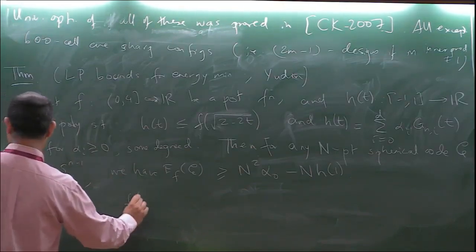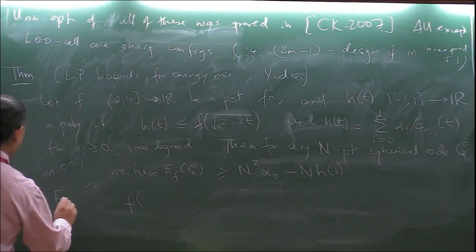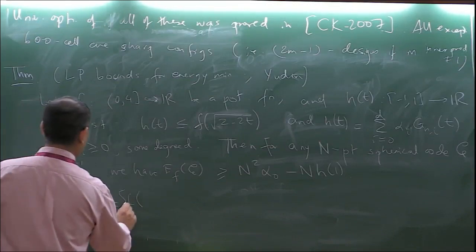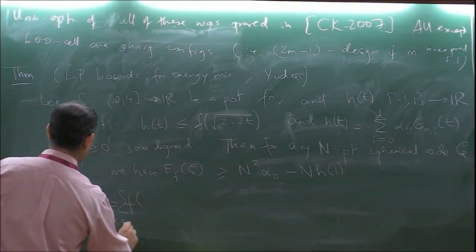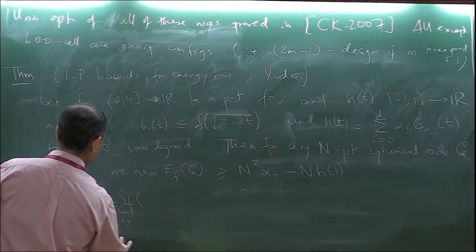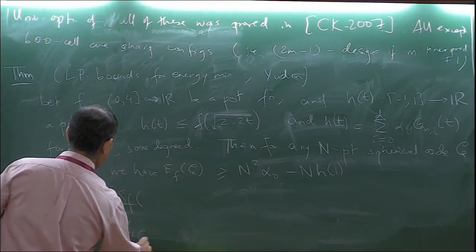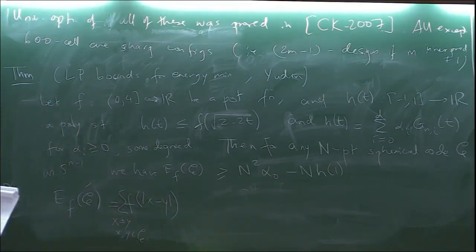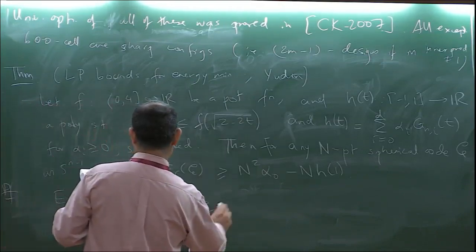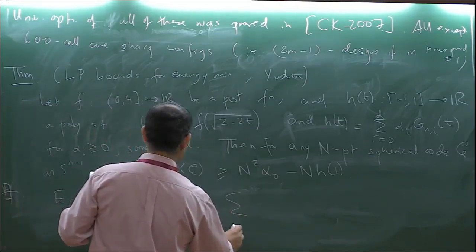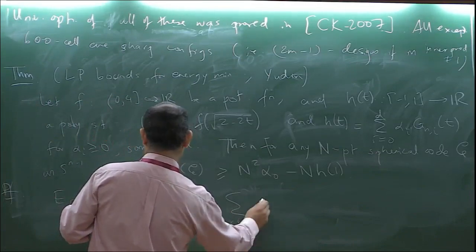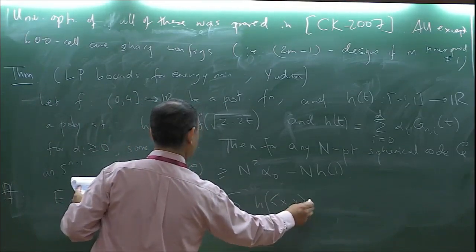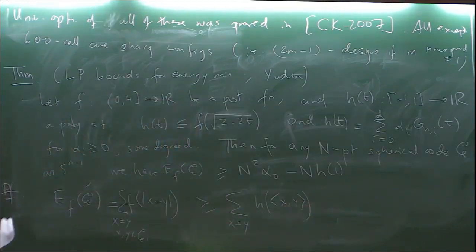So if you look at E_f of C, it's the sum over x not equal to y in C of f of x minus y. So that's greater than or equal to the sum over, again, x not equal to y, of h of xy, the corresponding inner product.